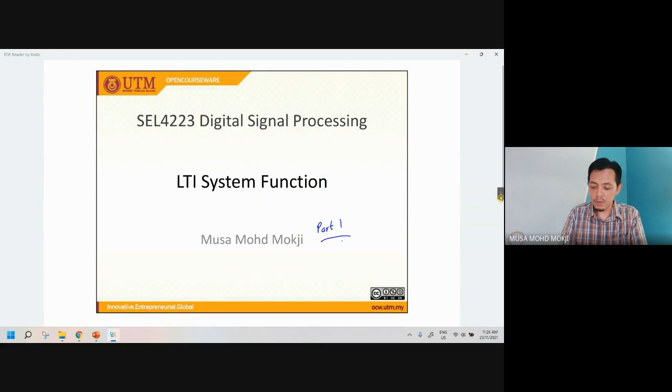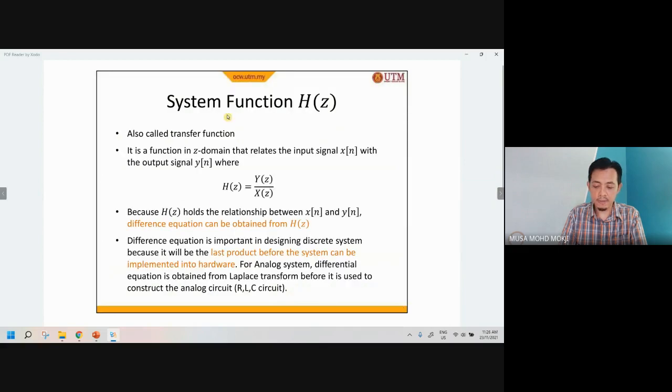On this topic, what we call a system function. Again, what is a system function? It is also called the transfer function, and it is a function in the Z domain that relates the input signal x[n] with the output signal y[n]. This is H(z).